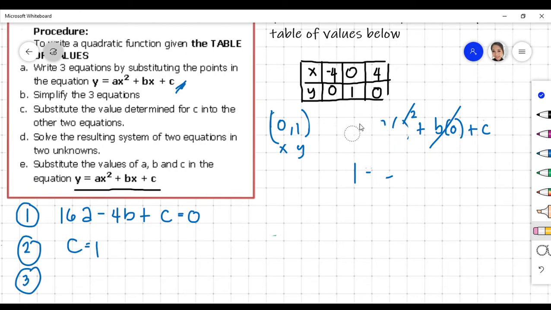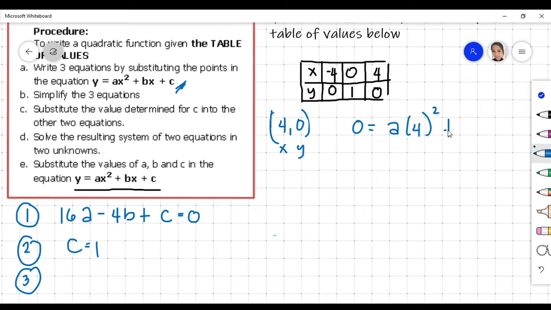So let's erase this. So for the third equation, it's from the point 4, 0. Okay, our x is 4, y is 0. So substitute it again to this equation. So 0 is equivalent to a 4 squared plus b times 4 plus c.